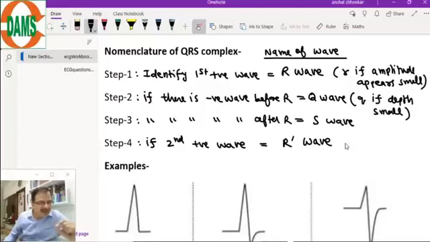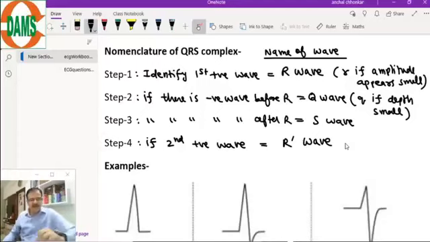How small? This is only defined for the R wave: less than 5 mm in height, call this small r. But that will be obvious from the examples. So if you have understood these steps, now let's do the quiz for you to name these waves, and that will be the examples.